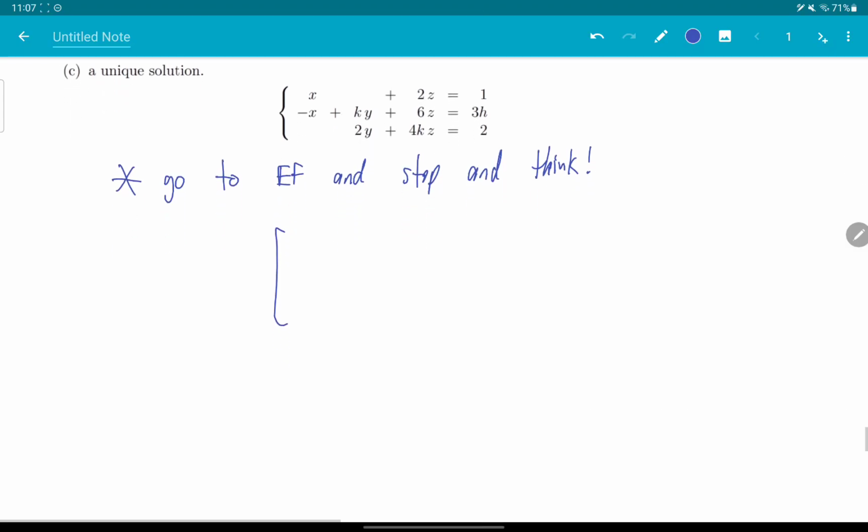So plop this into a matrix. So I got all kinds of H's and K's there, and I'm going to find out which ones do what. So echelon form.